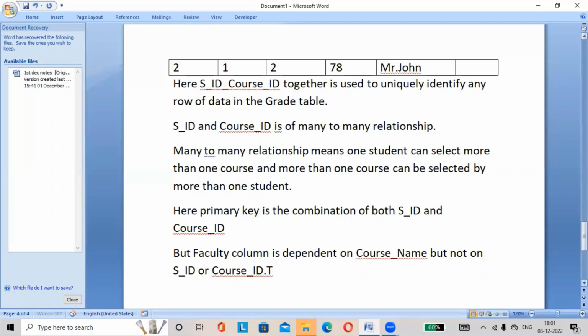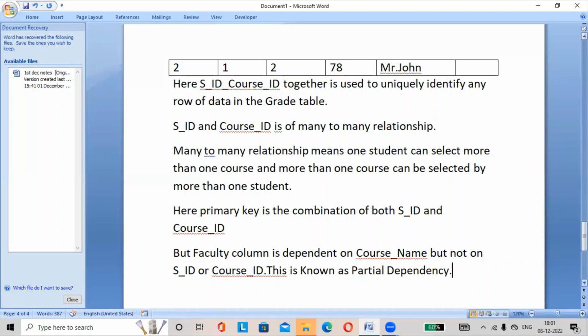This is known as partial dependency. How to remove this partial dependency?